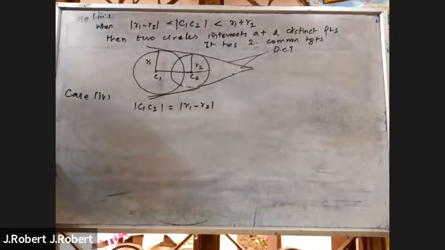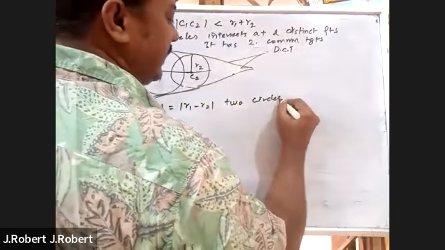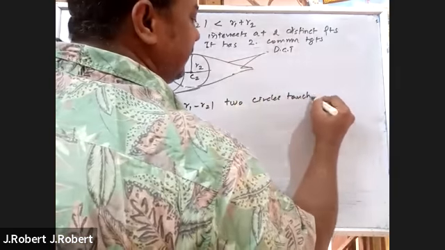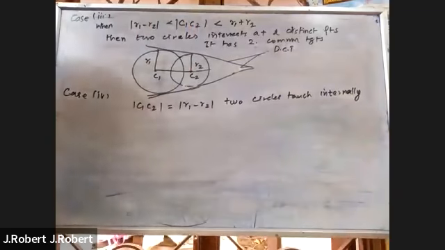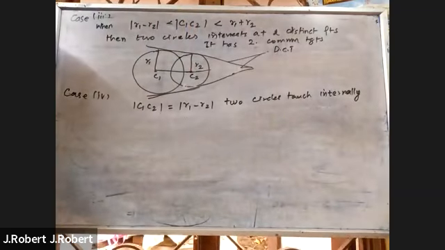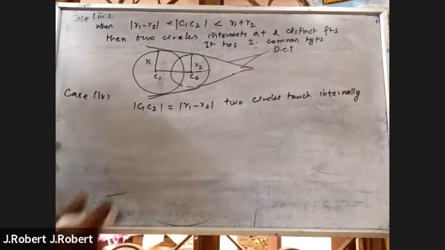Then the two circles touch internally. Okay, now we'll see the mathematical expression, how it comes in.